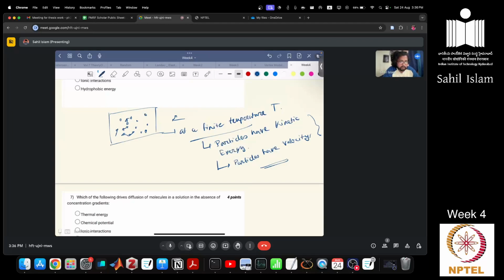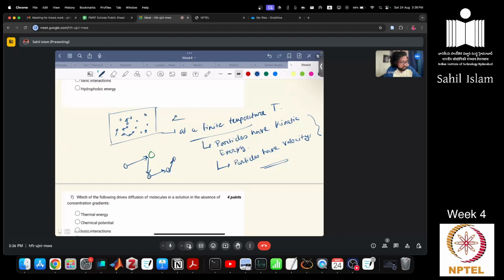But there are other particles also. So if a particle is trying to go in a particular direction, it will find some other particle there, and it will get reflected. Because of the crowded environment, a particle cannot go in a particular sustained direction for a longer time. It keeps moving in a zigzag pattern.